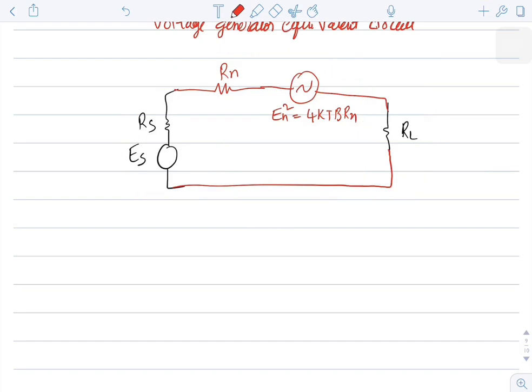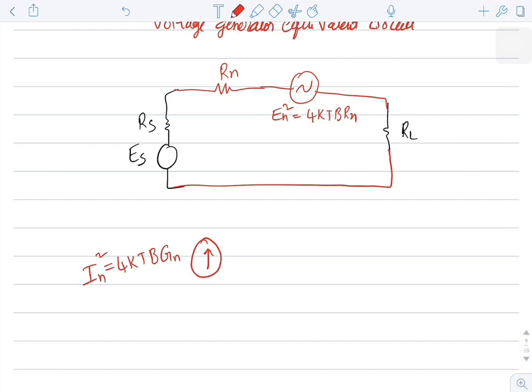Sometimes you need to represent this noise part in terms of currents. In such a case, you will use the source transformation technique, and by applying it to this circuit, the voltage source will be converted to a current source, and the value of the RMS noise current is equal to root over 4KTB.